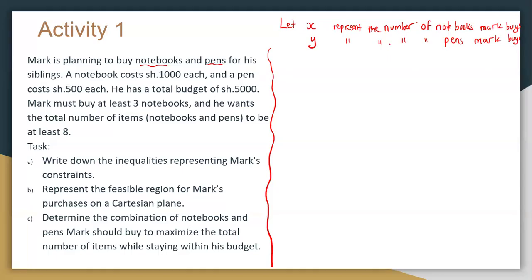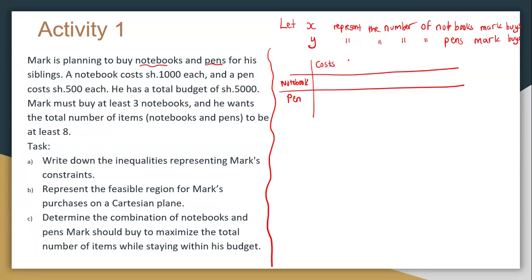Then after that, I told you that you can first summarize your data in a simple table. In this simple table, you have identified that you have a notebook, and you have still identified that you have a pen. So that is my notebook and this is my pen. So you read the question again. They are telling us that a notebook costs. So now they're talking about costs.